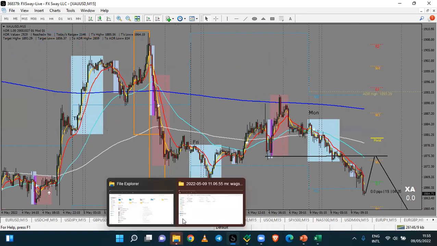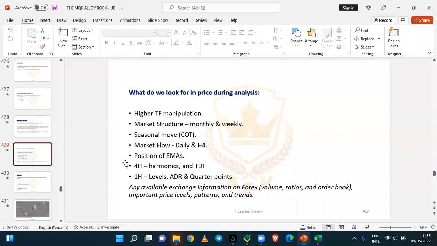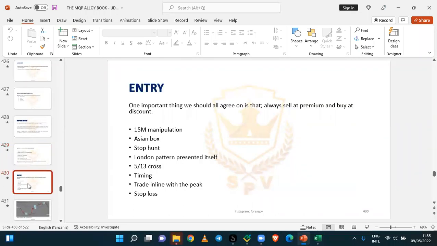Okay, so basically after you have done your analysis, you have done your anticipation, then you go to the second phase of focus, which is the entry phase, where we go to the 15 minutes chart. So 15 minutes manipulation. And here is basically what we're looking for is the period setup.